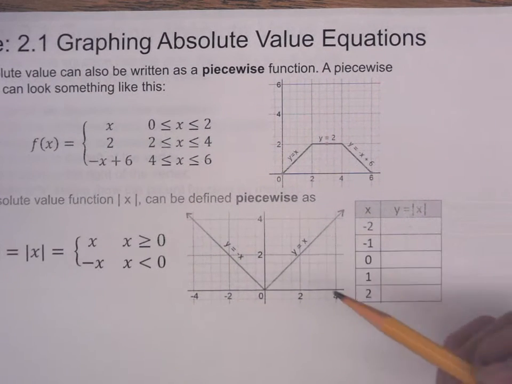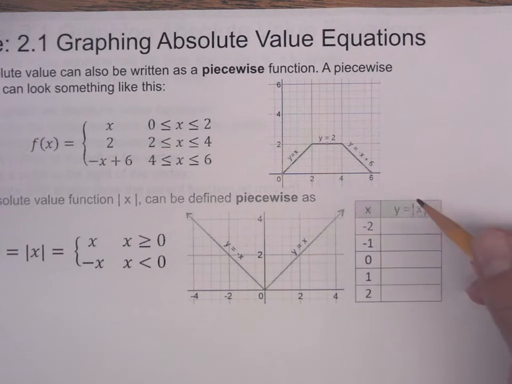So let's try to fill in this table here on the side. That's why I put this table here for you to look at. If your input here is -2, the absolute value will make it positive, because all negatives in the absolute value will become positive. So the absolute value of -2 becomes a +2.